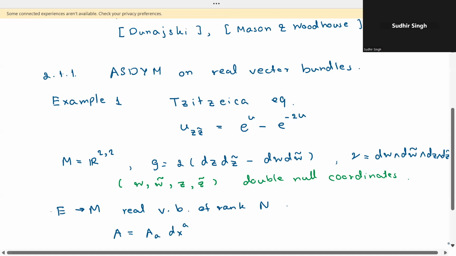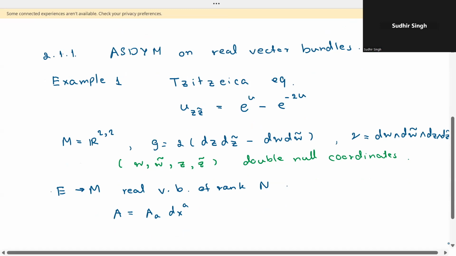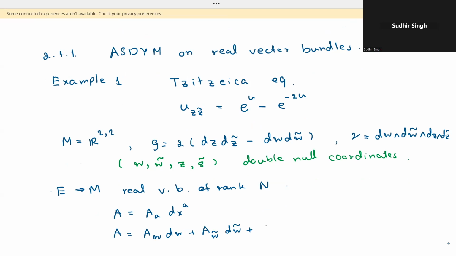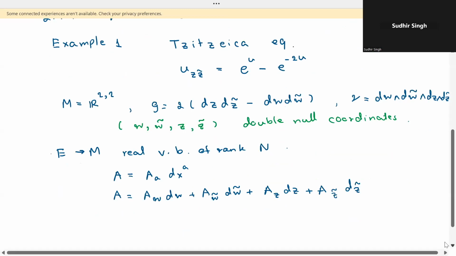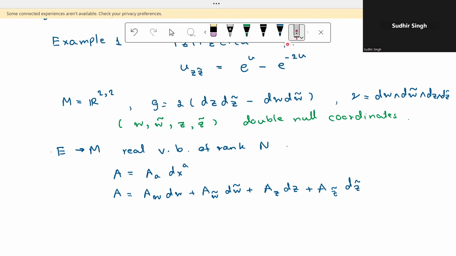But if we adapt to these double null coordinates, this one will be, for example, this, where each component is an n by n matrix of functions.